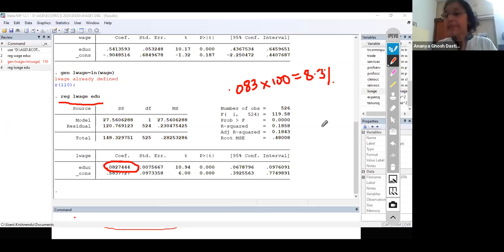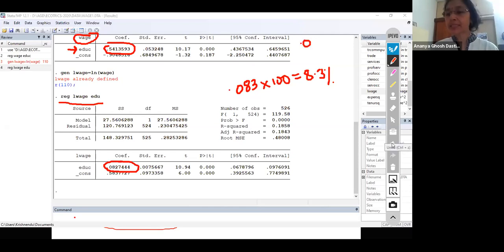Let us differentiate these results from the results that we just saw a little while ago. So when I just regressed wage on education, what did I get? I got it that one extra year of education increases your wage by about 0.54.